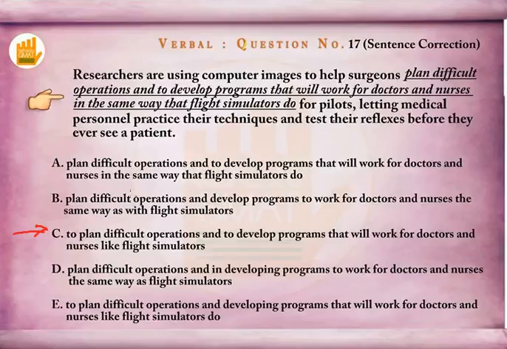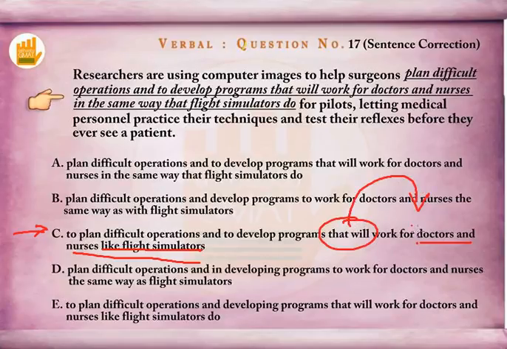Then "that will work for doctors and nurses like flight simulators." Now this is comparing doctors and nurses with flight simulators, which is a wrong comparison. Read again: "that will work for doctors and nurses like flight simulators." This is saying that it will work for doctors and nurses who are similar to flight simulators, which is wrong. So Calcutta is not correct.